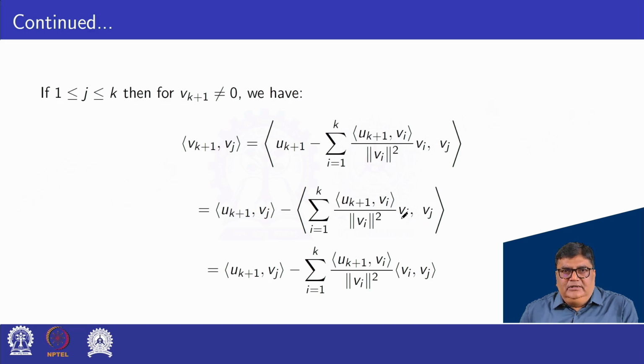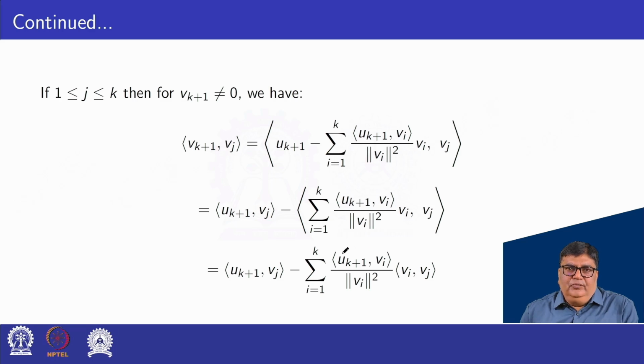Again, this is a scalar, and simplifying the summation, we can write this as minus the summation from i equal to 1 to k of the scalar into the inner product of vi and vj. If we simplify this, for i equal to 1 to k, if i and j are equal then the value of this is 1, otherwise 0.